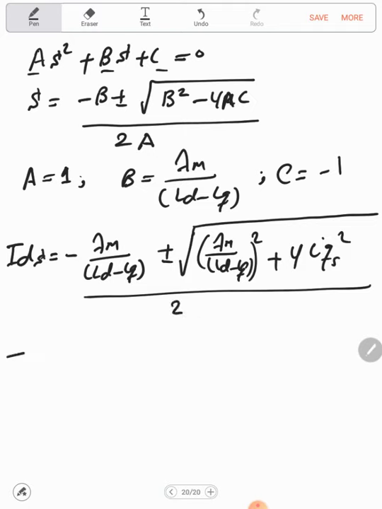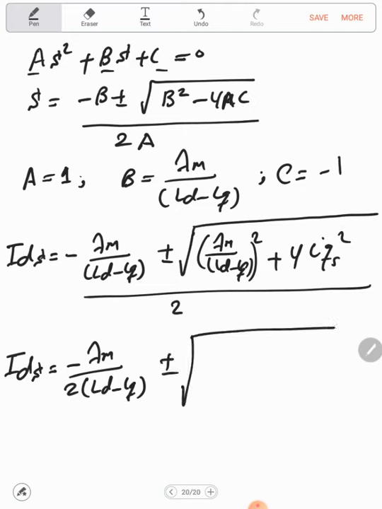So this can be simplified to IDS equal to minus lambda m over 2 LD minus LQ plus or minus the square root of lambda m square over 4 LD minus LQ squared plus IQS squared.